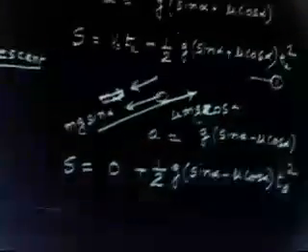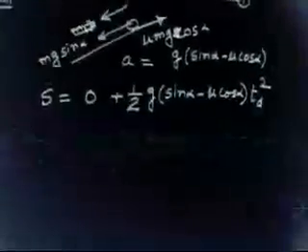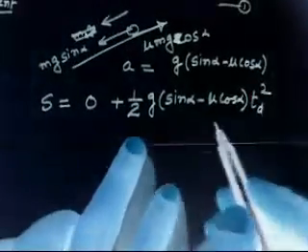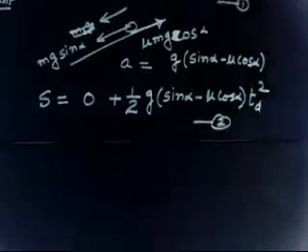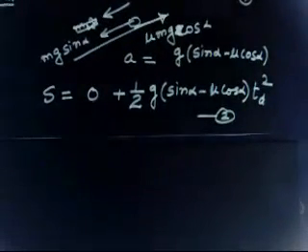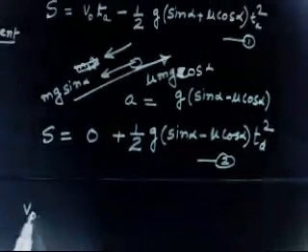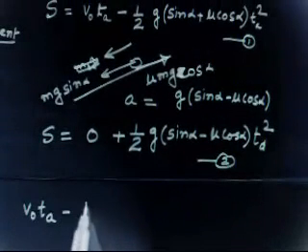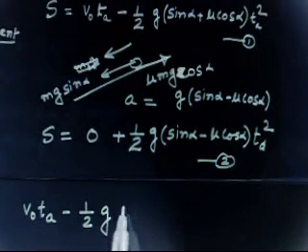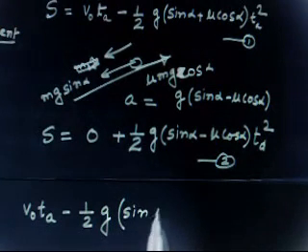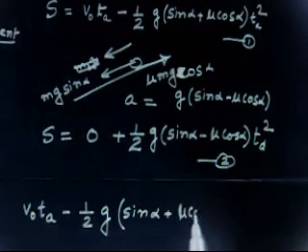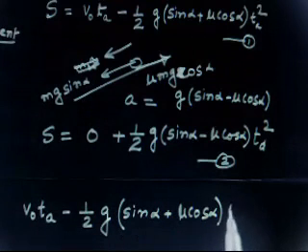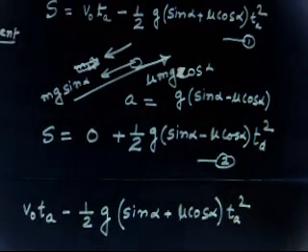Now we want to solve for this. These two distances are basically equal, so S from equation 1 and S from equation 2 must be equal. I can write S from equation 1 as V naught t a minus half g sin alpha plus mu cos alpha into t a whole square. Are you getting it or not?